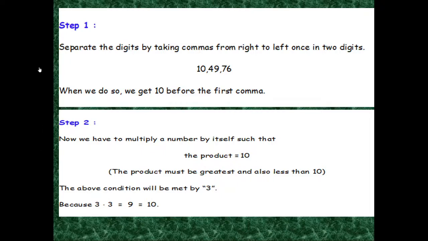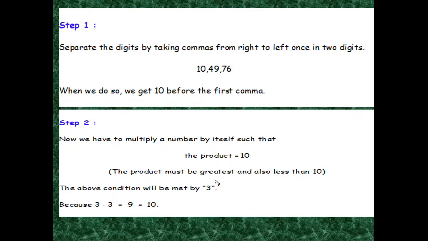In this case, we will take 3. What is 3 into 3? 9, right? Why can't we take 4 into 4? Because 4 into 4 is 16, which is greater than 10.